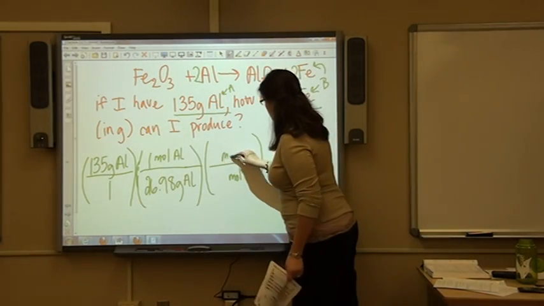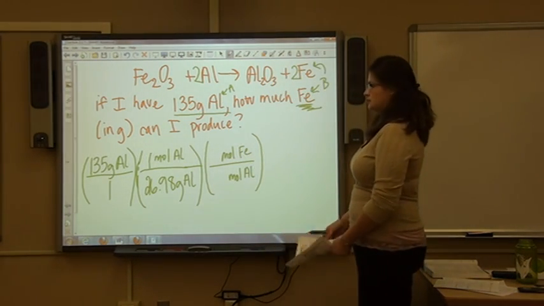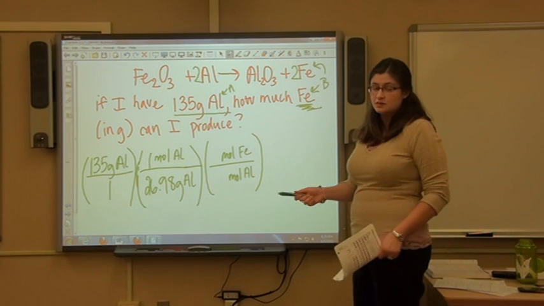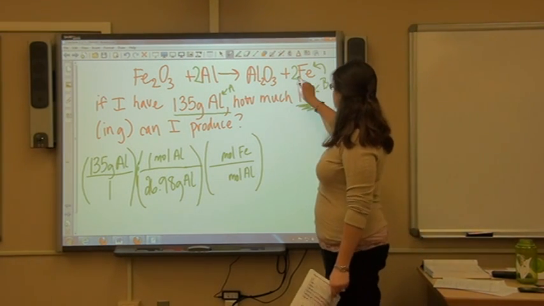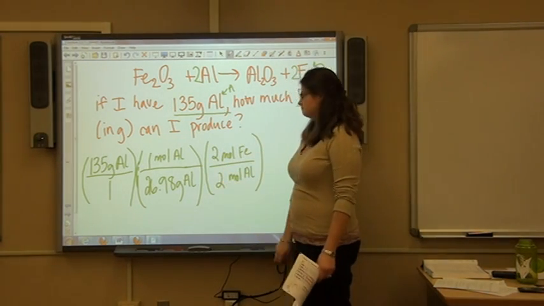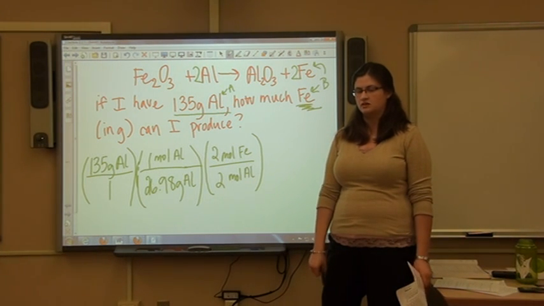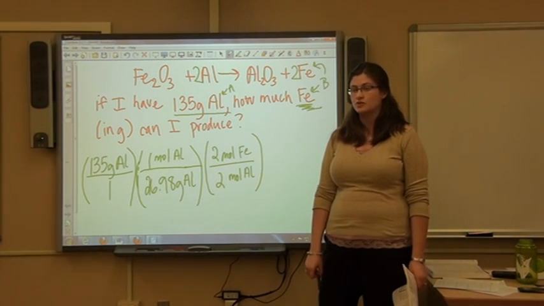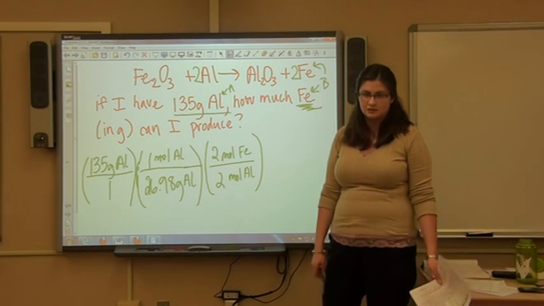Okay, so then we need moles of iron. What are the numbers that are associated with these two species? 2 and 2. Okay, so you're thinking, Michelle, well, 2 divided by 2 is 1. Why do we have to go through all this work if it's not going to yield any mathematical difference in our answer?